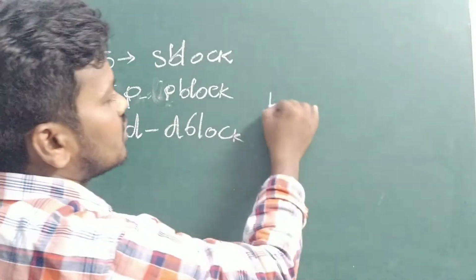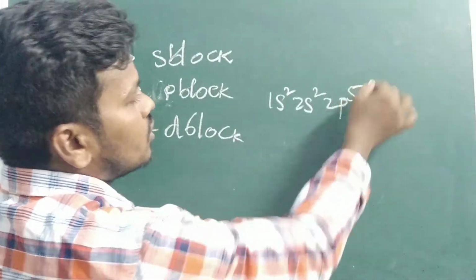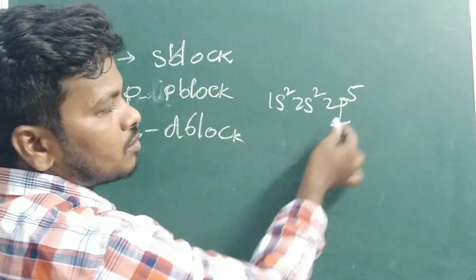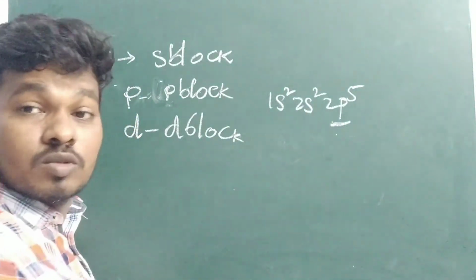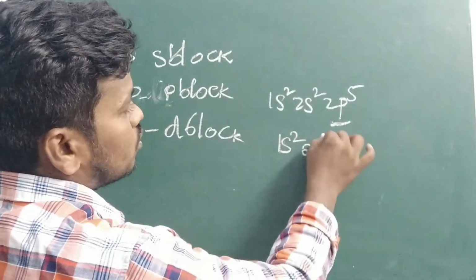For example, 1s2, 2s2, 2p5. Into which subshell does the last electron enter? The P subshell, so it belongs to the P block. Next, 1s2, 2s2.